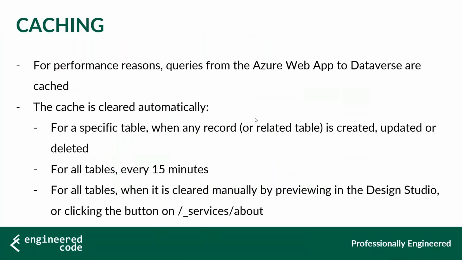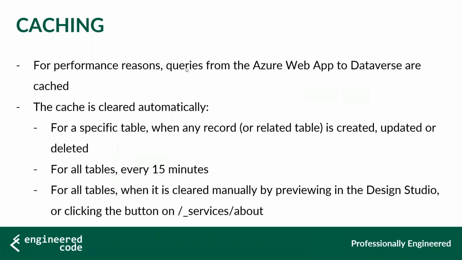That cache is automatically cleared for a specific table when any record or related table is created, updated, or deleted via the Power Pages site. So if you're on the site itself and you insert a record or edit a record, Power Pages will automatically clear the cache, and you don't really have to worry about cache in those cases. The cache is also cleared automatically every 15 minutes.